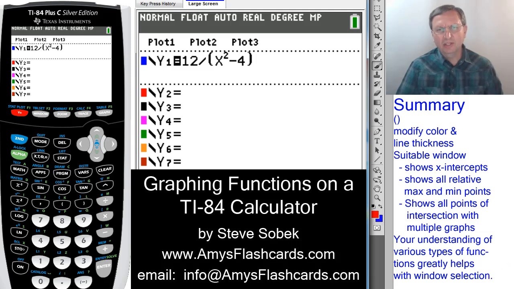We also understand that simply graphing functions is just the first step. The power of the graphics calculator lies in the tools and the utilities that we're able to utilize after the function is graphed and we've got a good window. But this is the first step.